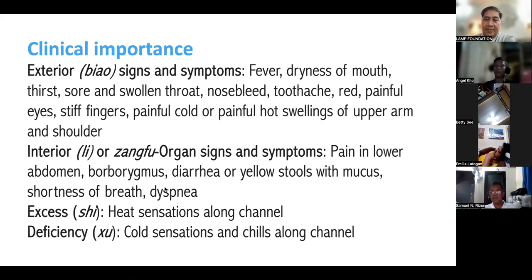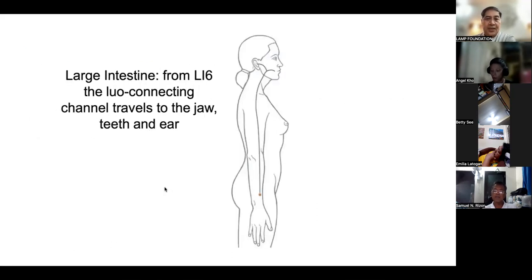Okay? So those are the things that we need to remember. Bakit importante na ma-memorize natin po ang primary channel ng large intestine. Next, the luo channel. Okay? The luo channel separates from the primary channel. At what point? What do you call this point? Anyone? LI6, no? On the wrist, and then it joins, okay, with the lung channel at lung 9.